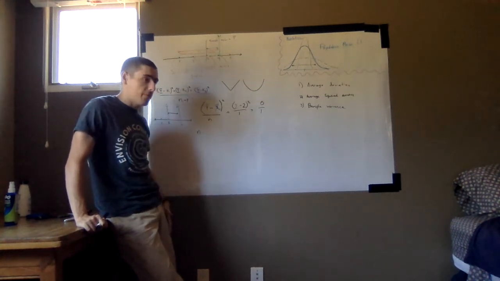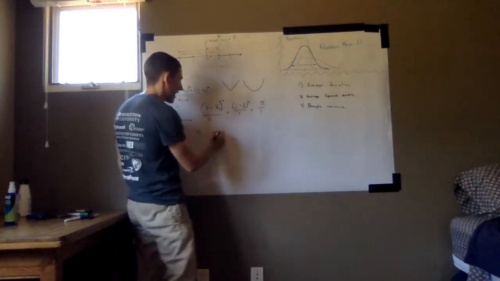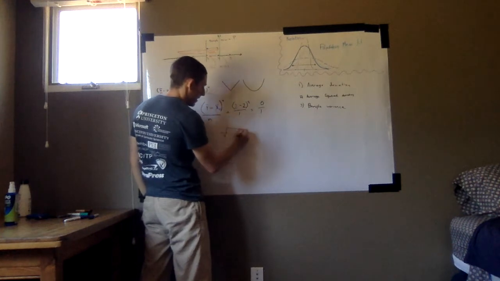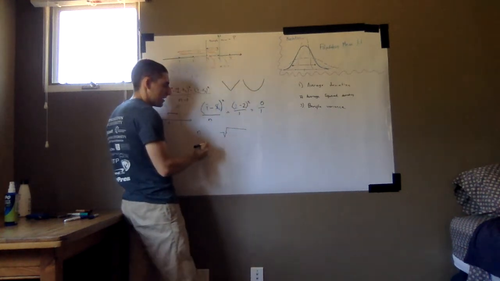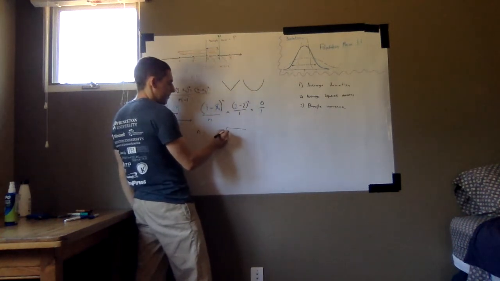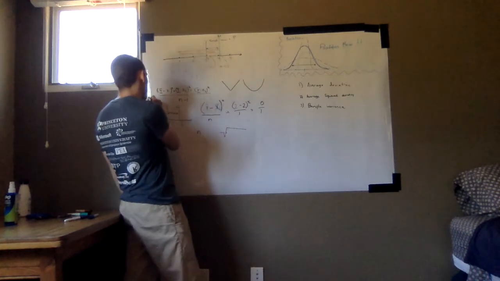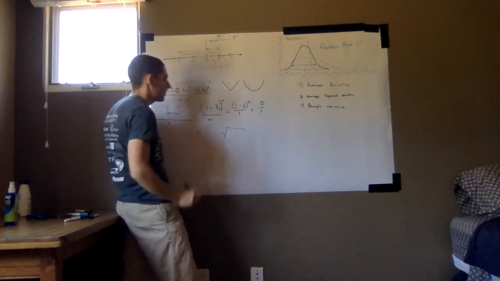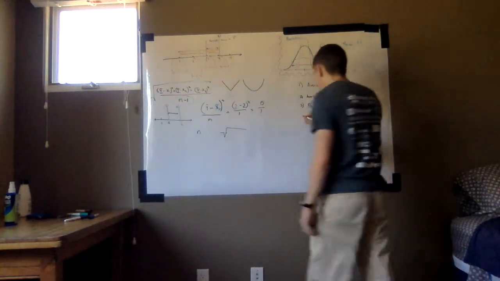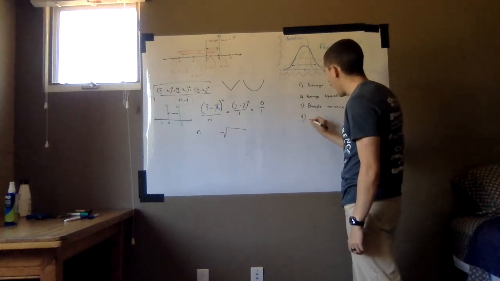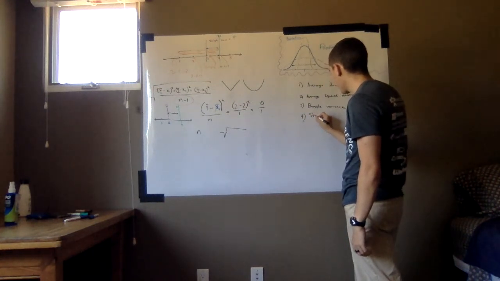And this is not very helpful most of the time, so we can very naturally just take the square root. And that gives us standard deviation.